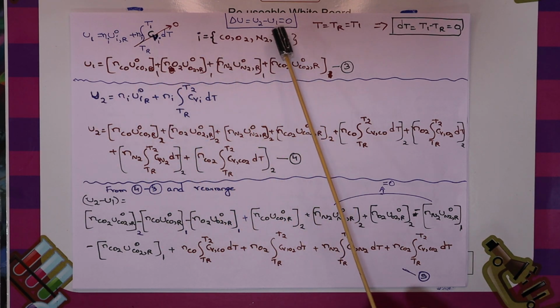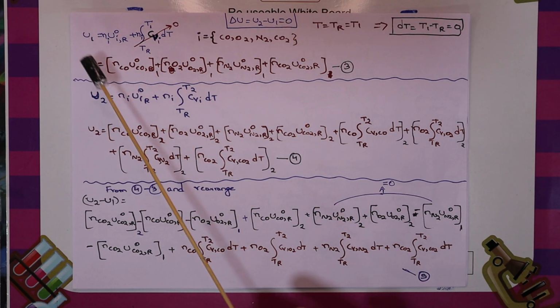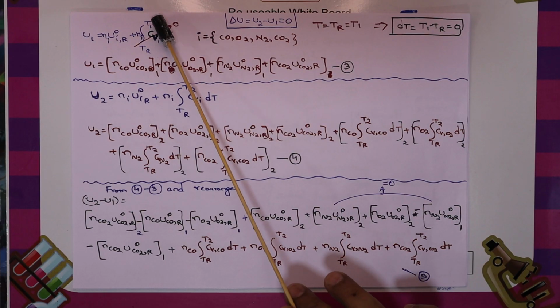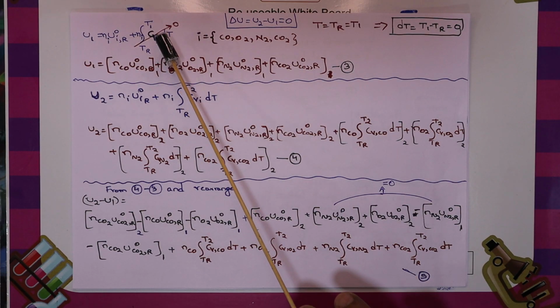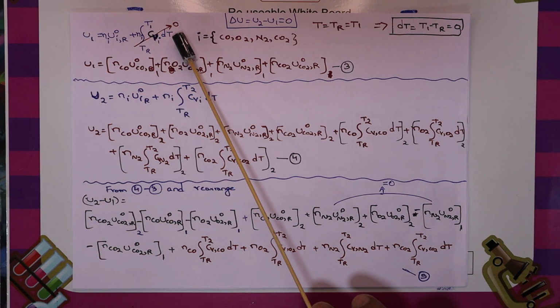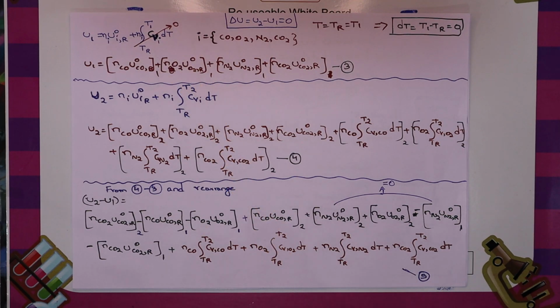Okay, and let us take first of all U1. That means internal energy of all the molecules of the system in state 1. Let us expand. Here the second term will be 0, because T1 equal to TR. In this example, state 1 is at reference temperature only. So in such cases, T1 equal to TR, so the integral of dT equal to 0.